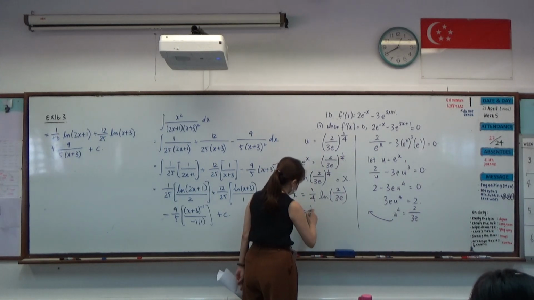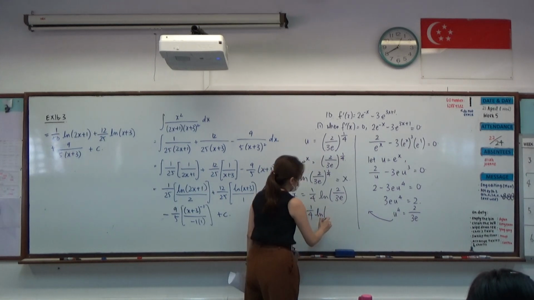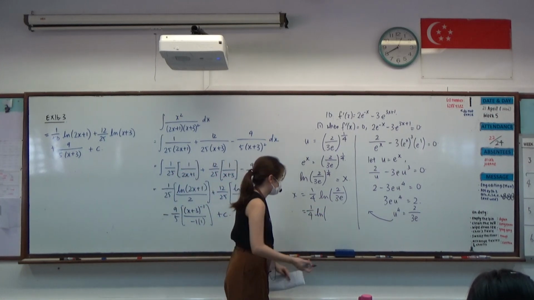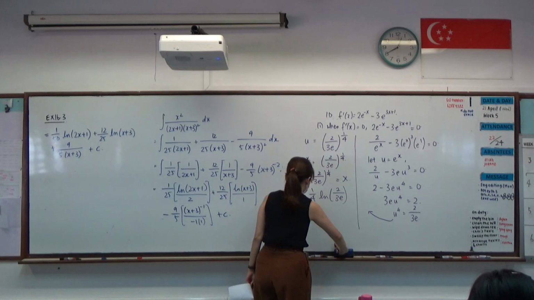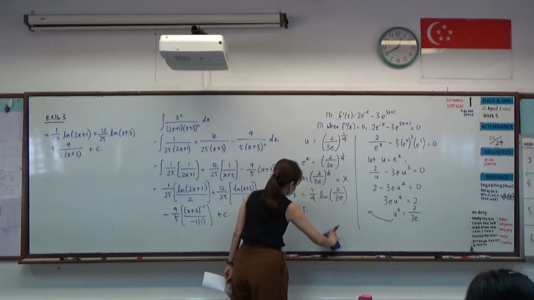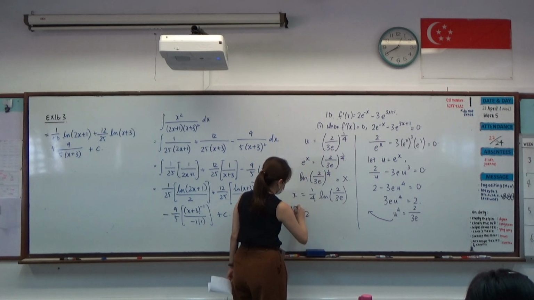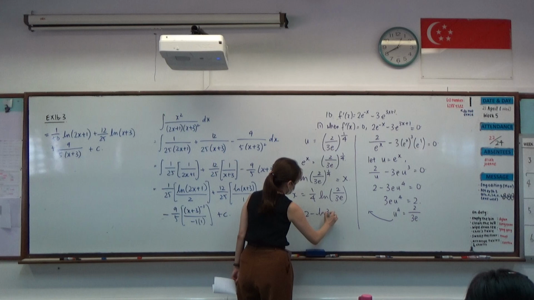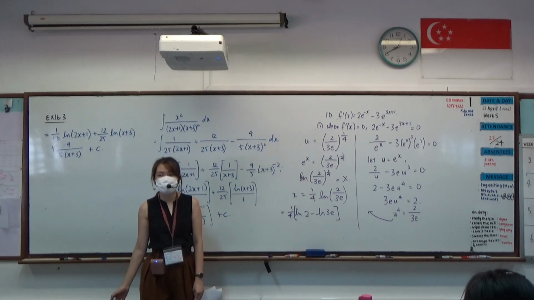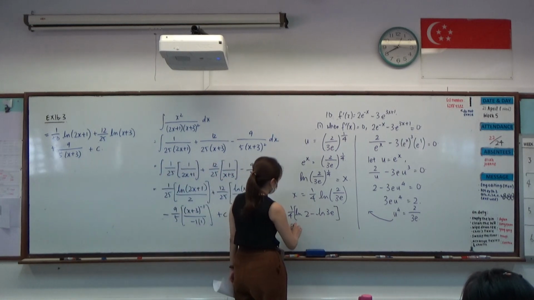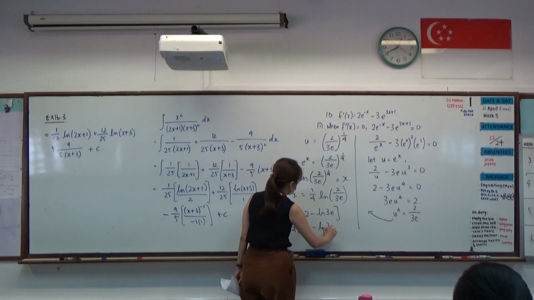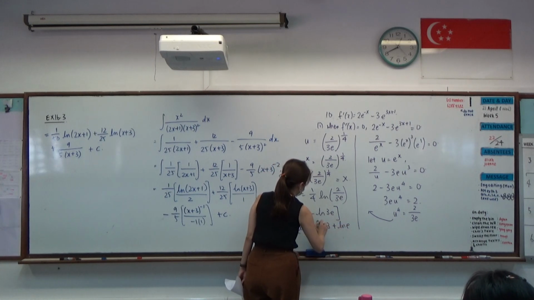So, depending on the form that they require, okay, technically you can simplify it. Okay, we have 1/4 ln 2 minus ln 3e, right? Okay, ln 3e is your ln 3 plus ln e.